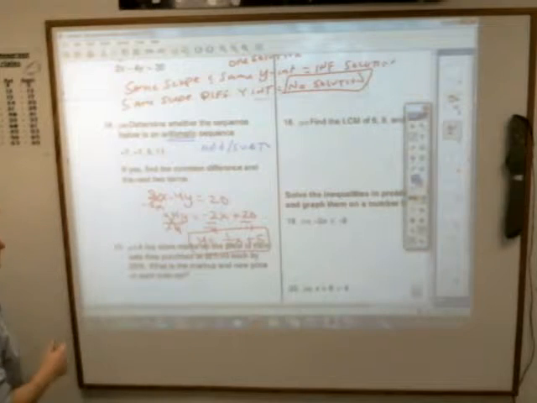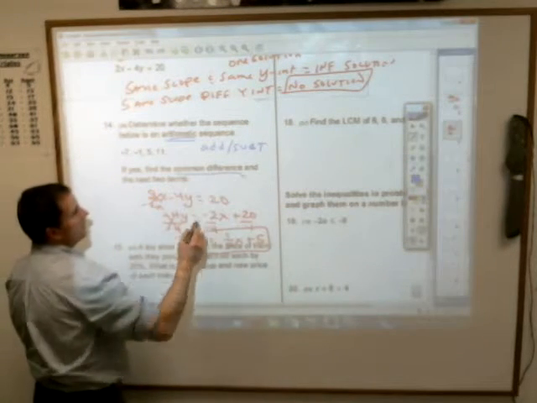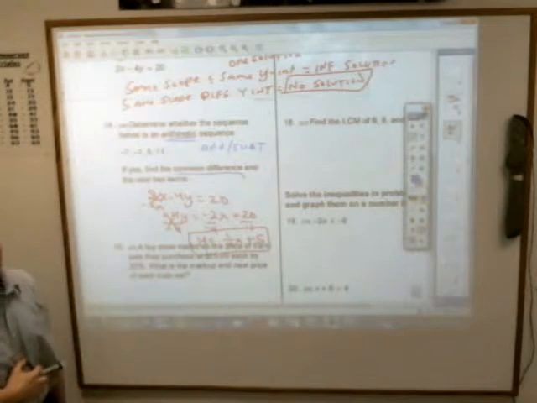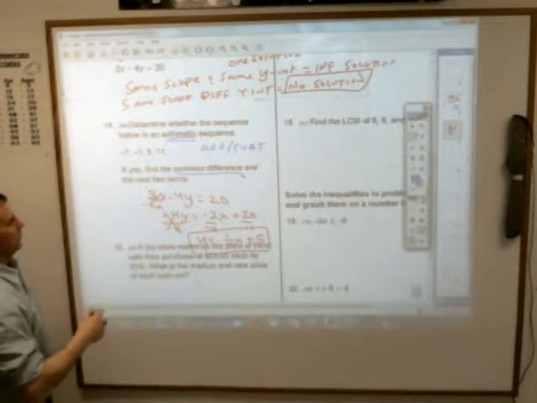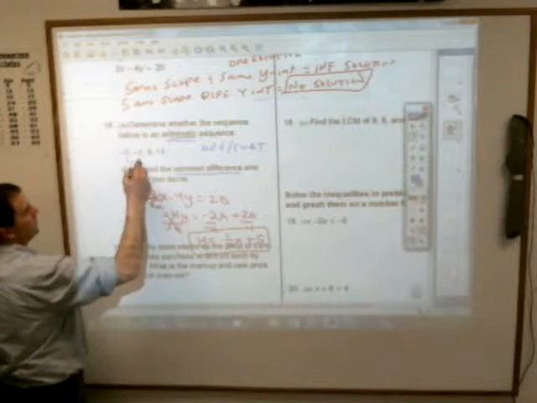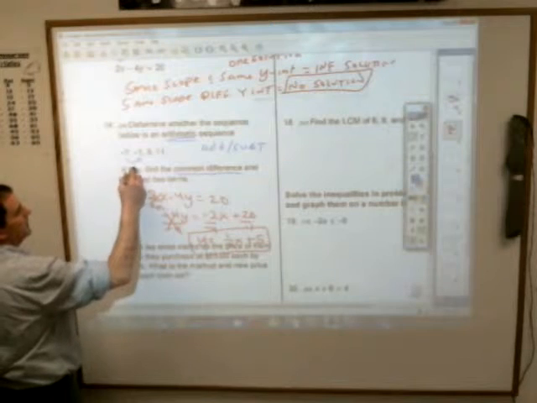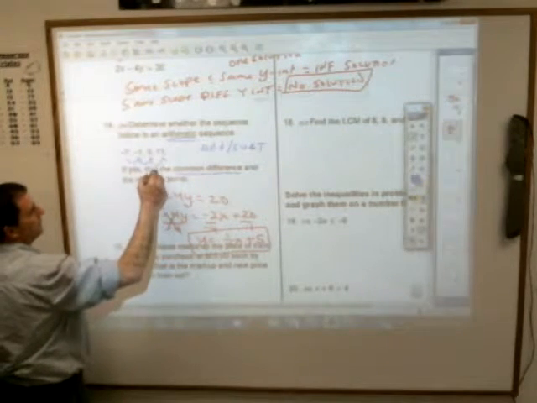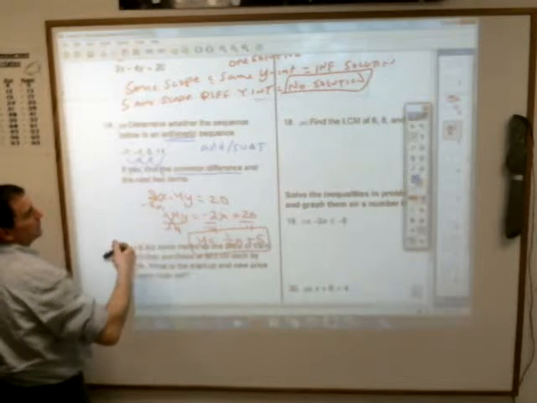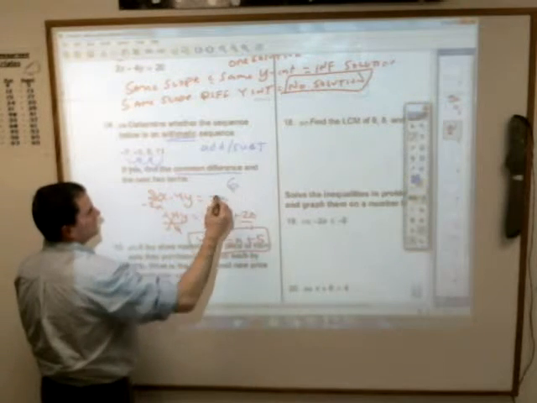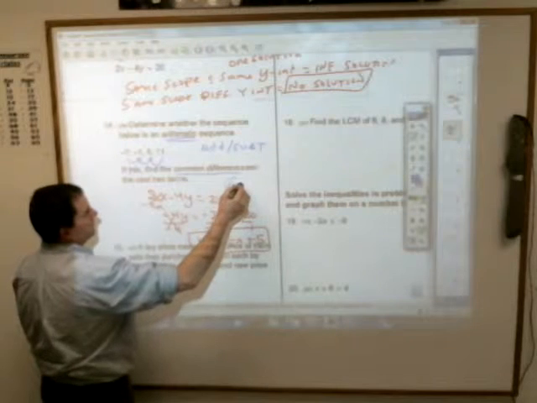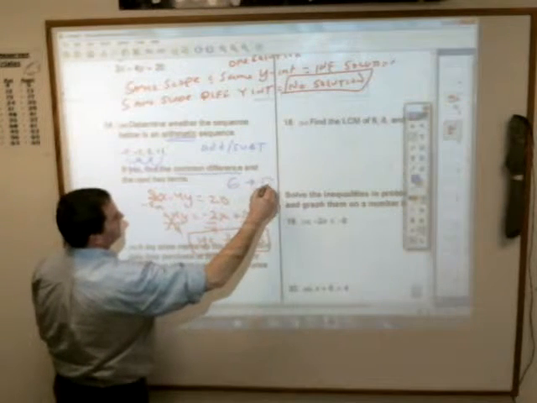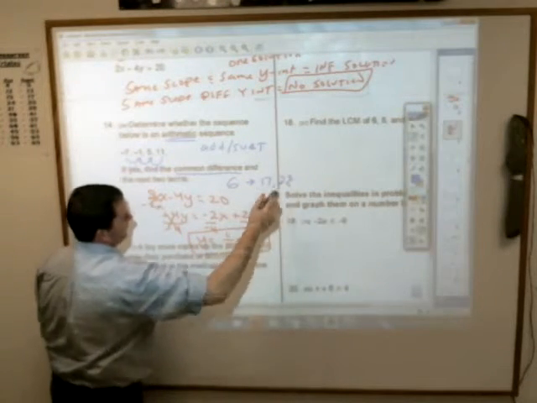The common difference just means what you are adding or subtracting each time. If you look at this, to go from 7 to -1, you add 6. To go from -1 to 5, you add 6. 5 to 11, you add 6. So the common difference is just 6. You add 6 to that and you get 17. 6 plus that is 23.